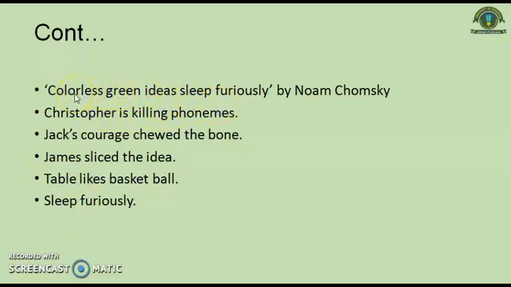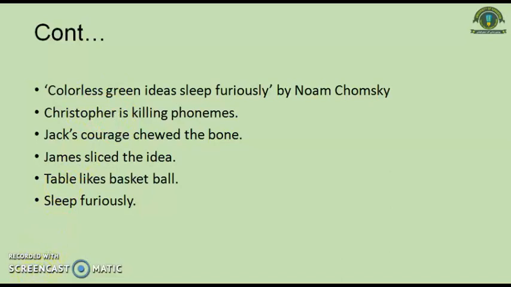So on one hand he says without color, and on the other hand he says green. Green is a color, but before he mentioned that it is colorless. So he gives something very odd and meaningless, a contradictory statement. So we can say that he is violating the semantic rule.